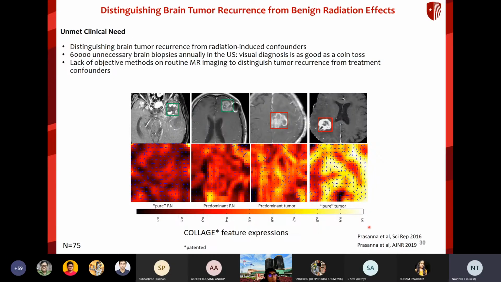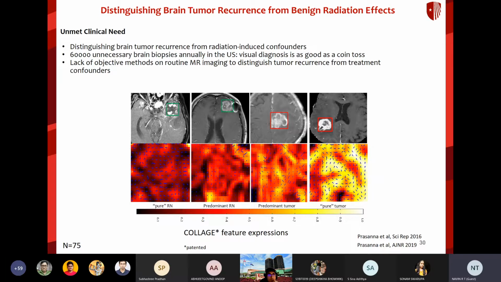So what we also did was we took cases with different grades of radiation necrosis and tumors. On the left, you see a case of nasopharyngeal carcinoma. So this is a pure radiation necrosis case. And on the right is an example of a glioblastoma multiforme. It's the most aggressive kind of brain tumor, and no radiation has been given to this patient.